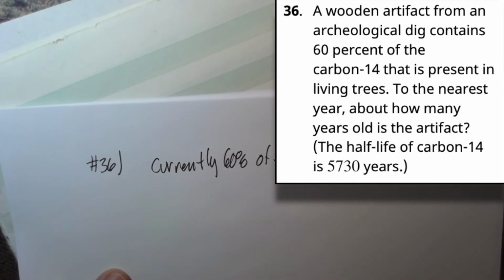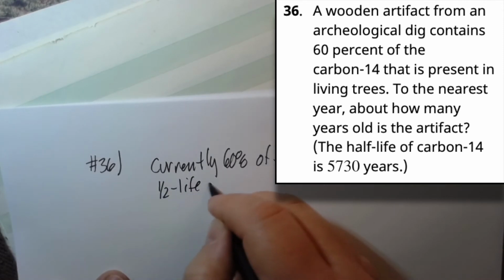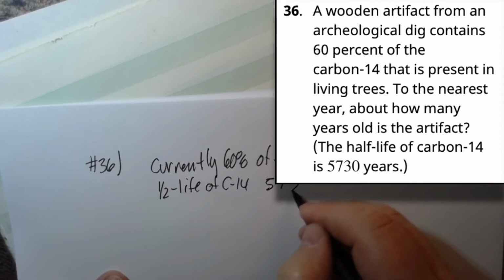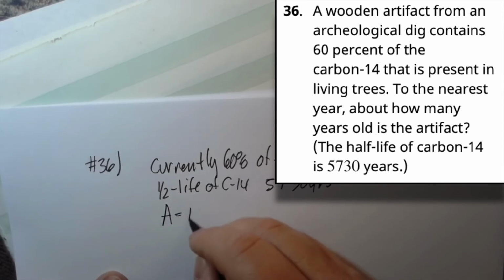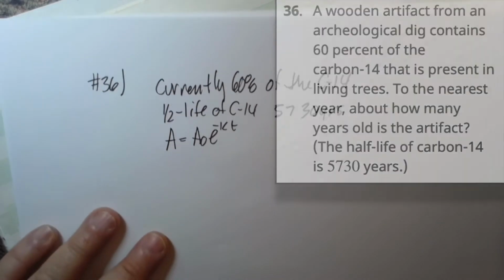To the nearest year, about how many years old is the artifact? And it gives us the half-life of carbon-14 is 5,730 years. Alright, so we're going to use exponential decay, which is this function right here.